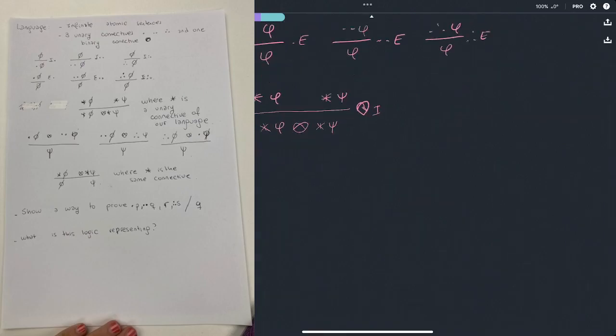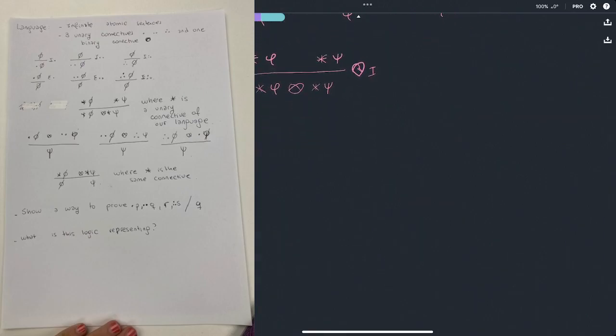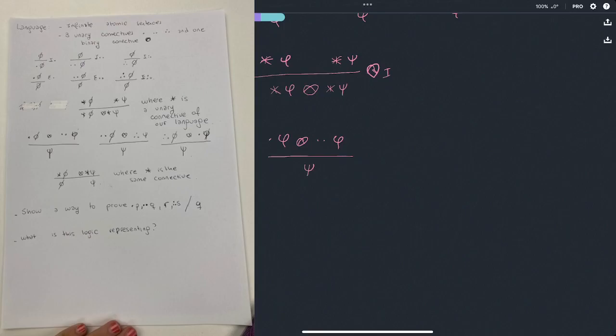Now the next rules involve different unary connectives in a pretzel sentence. If we have single dot phi pretzel double dot phi, then from that we're allowed to conclude psi, absolutely anything at all.